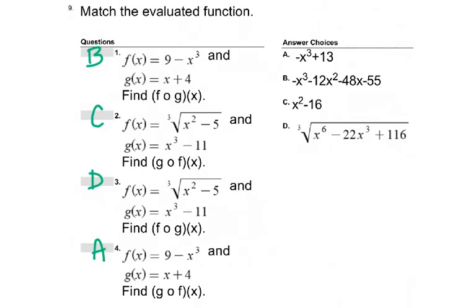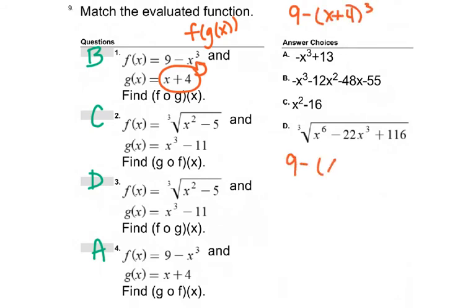Alright, and then this one was just a match the evaluated function. So it wanted f of g, so it's literally saying take the g equation and plug it into the f equation. When you do that, 9 minus x plus 4 to the third power. So that means 9 minus x plus 4, 3 times.